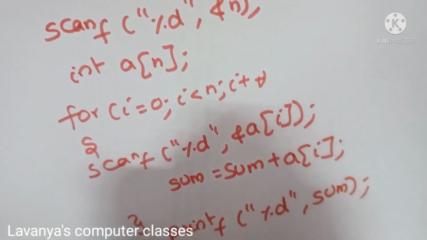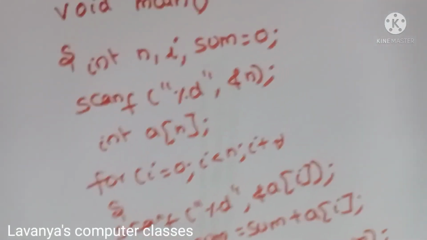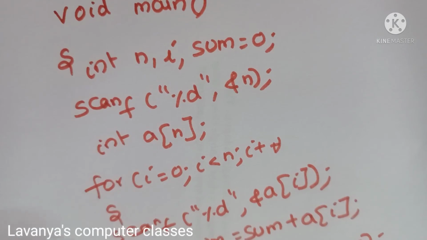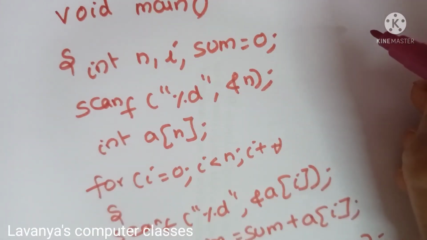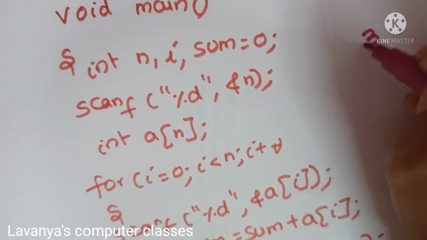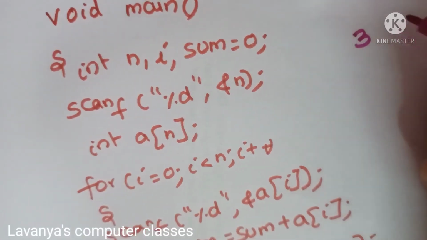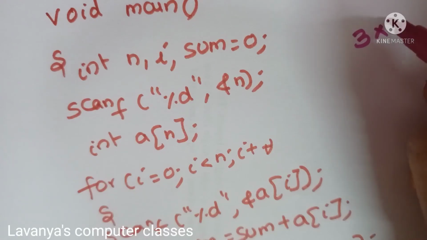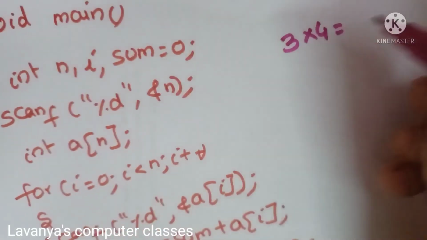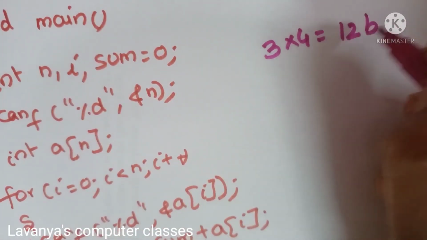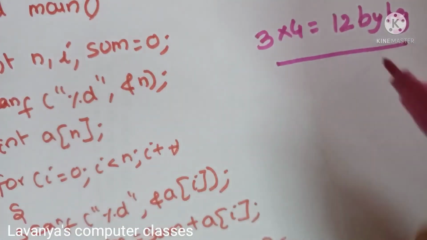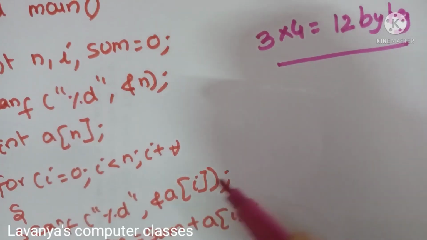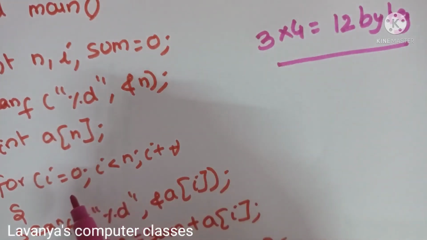For this program, how much space do we require? How many variables are there in this example? 3 variables, n, i, sum, all integer data type. If an integer occupies 4 bytes, how much memory do we require? 3 into 4, 12 bytes of memory for the 3 variables. After that, we are using a simple loop statement.